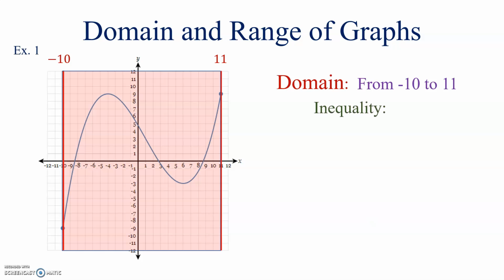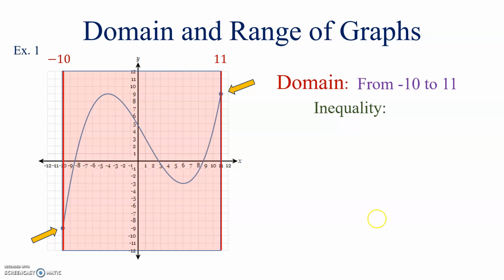If I wanted to write this as an inequality, I focus my attention on where the graph ends. So I'm not looking here, I'm looking down here where I'm pointing. At the -10, we have a closed circle, which means the -10 should have some sort of equal sign with the inequality.